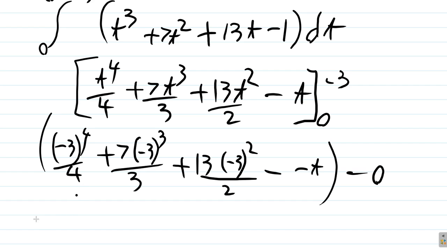Now, here, 3 3s 9, 9 3s 27, 27 3s 81. This is going to be a positive 81 because negative 3 to the 4 means you're going to have 4 negative values. Alright? 2 of them cancel to get positive, the other 2 cancel to get positive. 81 over 4 plus, well, this is going to be a minus now because it's cubed.